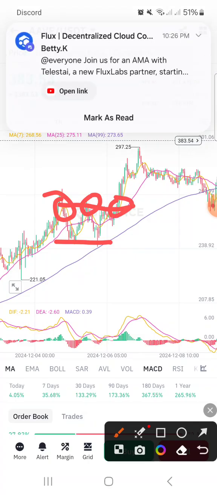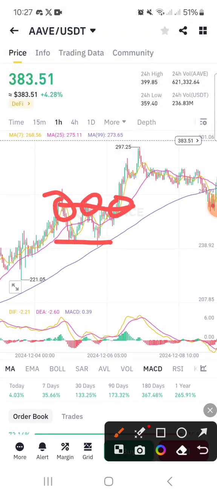Here too it was rejected and it came down. If you look from here to here, that's also a resistance. We have here 2, 3, you can get resistance there. Then the support over there is somewhere down here.